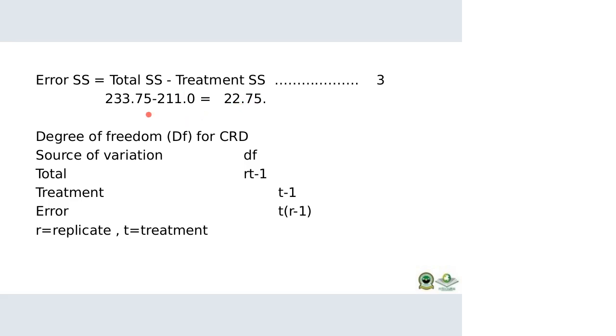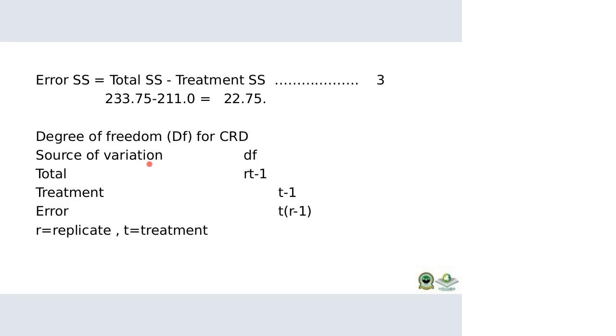With that, we have obtained all the variances: for the treatment, the total sum of squares, and the error sum of squares. Now, we have to obtain the degrees of freedom for the CRD design. For the source of variation, we have total, treatment, and error.